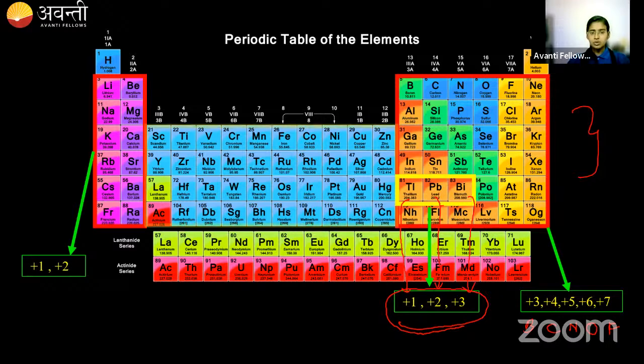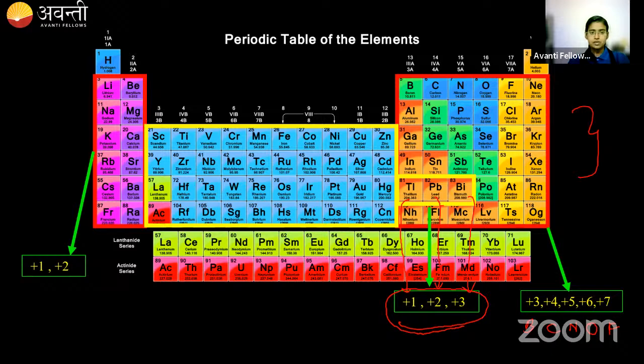But the D block elements exhibit variable oxidation states. So there is not only one oxidation state for one group, but each element has different oxidation states. Next we are going to discuss the highest oxidation state exhibited by some of the elements.